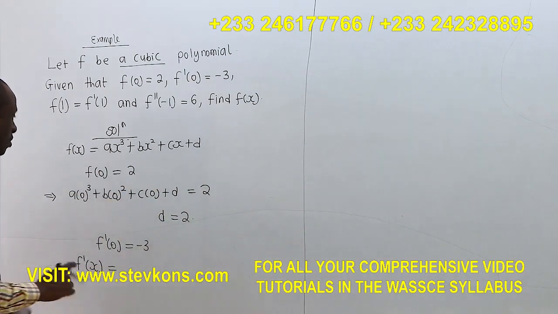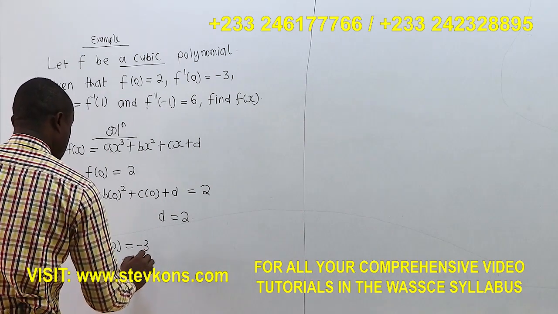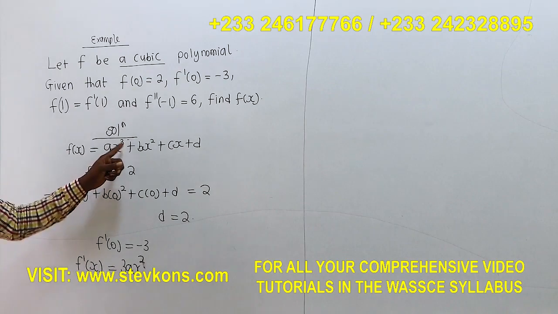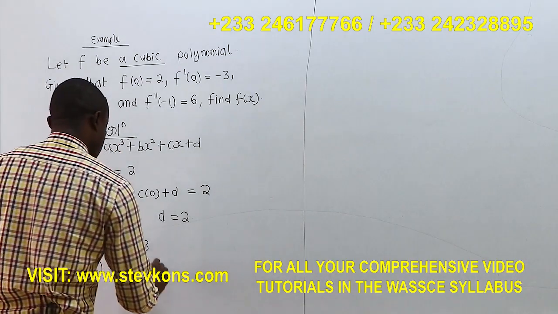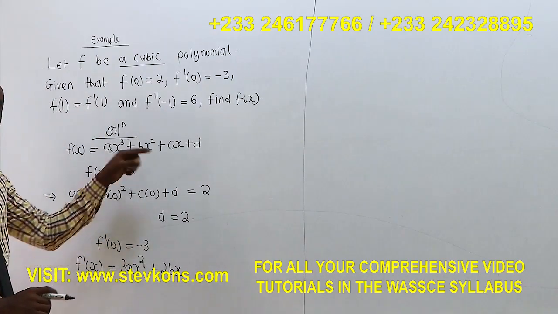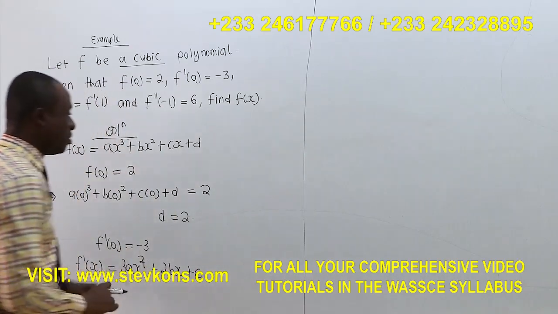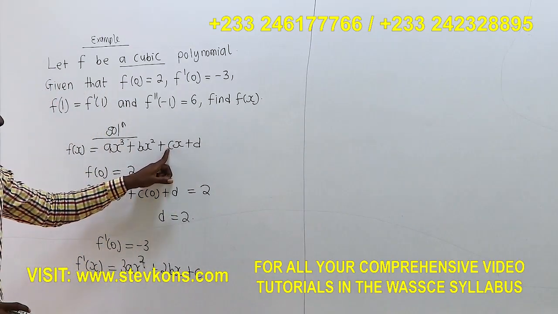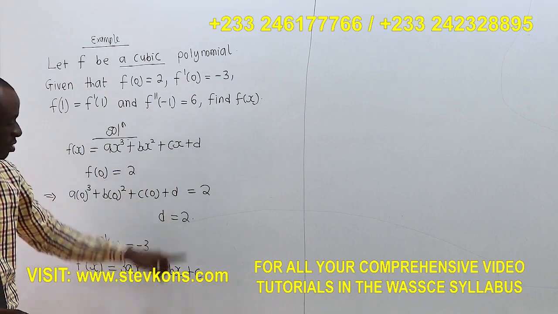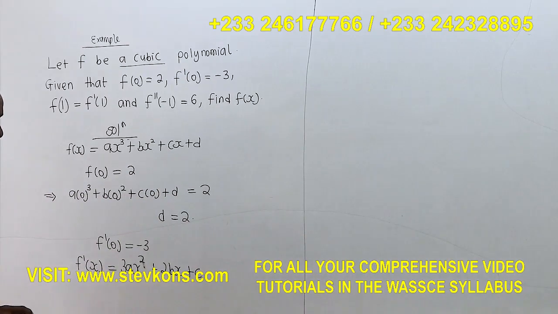We are getting 3ax squared, because 3 minus 1 is 2, plus 2bx, because 2 comes here, 2 minus 1 is 1, and then plus c. When you differentiate this, 1 comes here, 1 minus 1 is 0, x to the power 0 is 1. And d is a constant. When you differentiate a constant, you get 0.